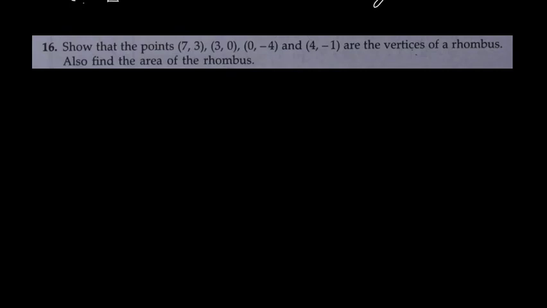Now you have to find the area of the rhombus. The formula for the area of a rhombus is half into the product of the diagonals. Already you have found the diagonal lengths, you multiply and get the product of the diagonals, and thus find the area of the rhombus. This is the 16th question.